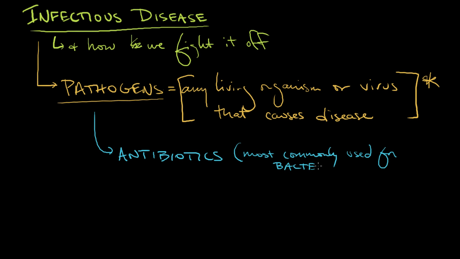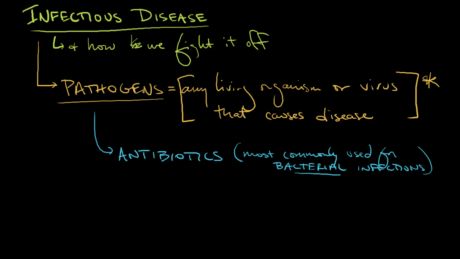You go to the doctor and you're sick, and they do a test and determine that you've got a bacterial infection. One way they're doing that is by looking at your immune system response. We're going to talk about white blood cells, and when you have high white blood cell counts, because your white blood cells are reproducing to create a chemical to fight off these bacterial infections, they know that you have a bacterial infection, and they give you antibiotics. And these antibiotics are targeted for these bacterial cells.